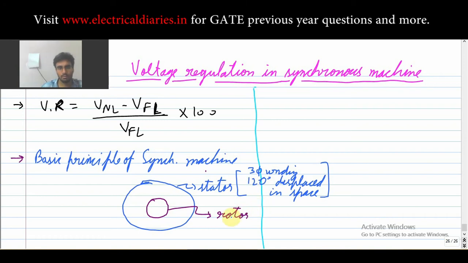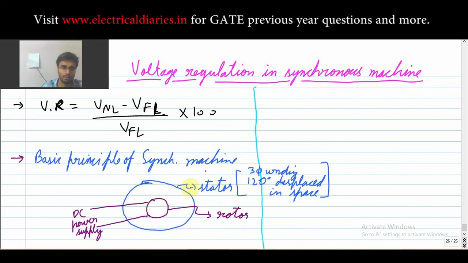So now let me move to the rotor. You supply power to the rotor also. The rotor is usually supplied DC power to the windings, to create a field in the rotor.